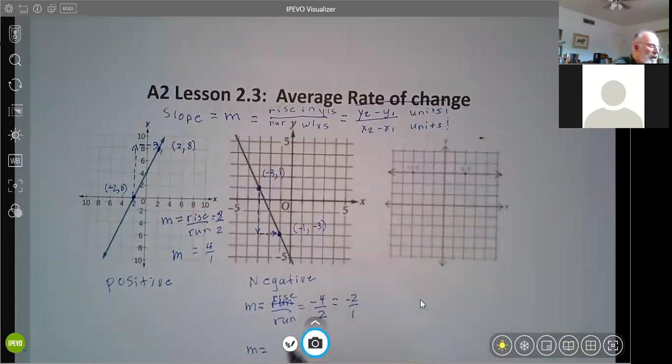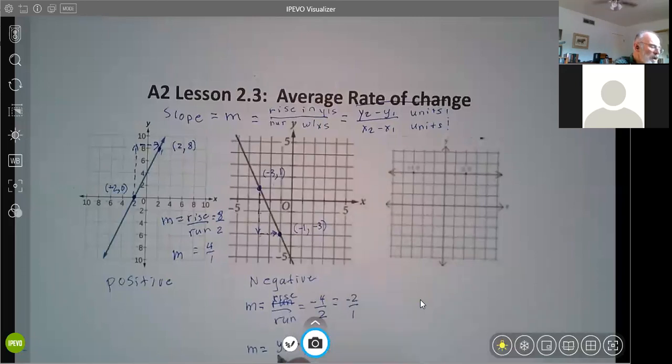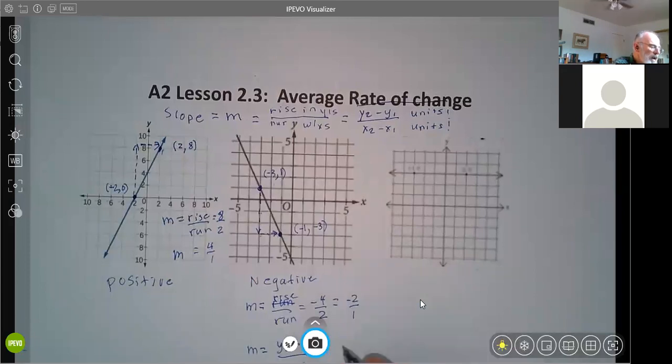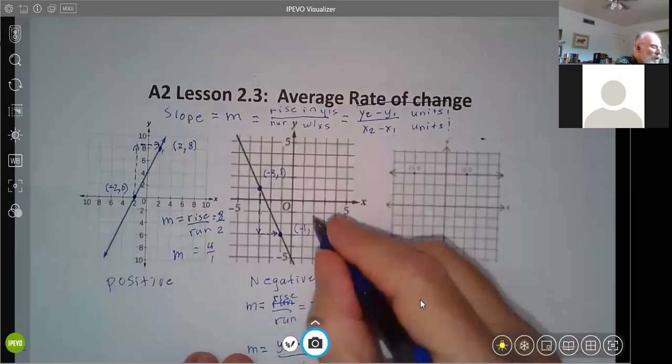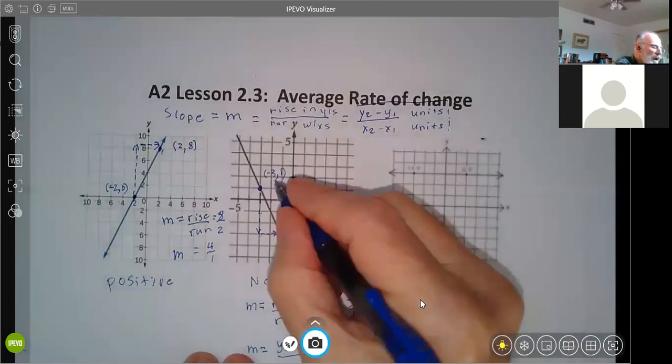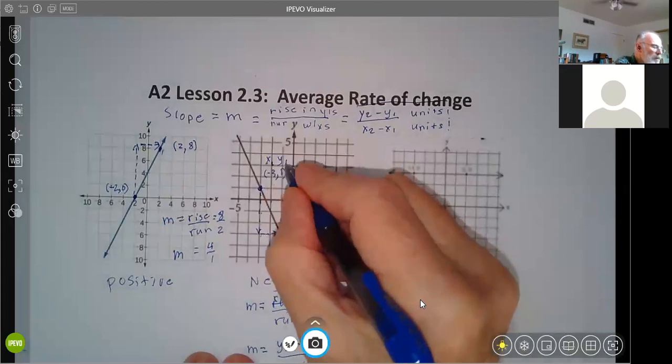Now, the other way of doing it, again, is to use the change in y, which is y2 minus y1. And then change in x is x2 minus x1. And so in this case, this is my first point up here, negative 3 is going to be x1, y1.